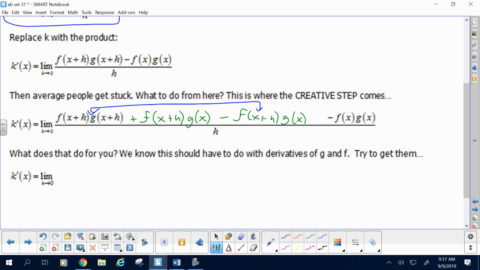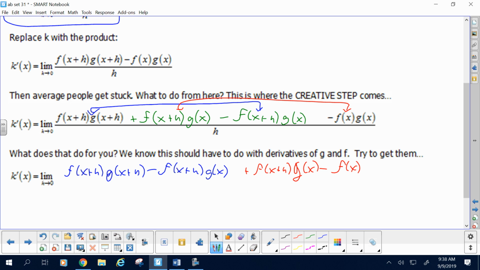So I can change the order, and this is f of x plus h, g of x plus h, minus f of x plus h, g of x. You follow? And these other two guys, I'm going to put those two together, and I'm going to call that f of x plus h, g of x minus f of x, g of x. Cool. All right.